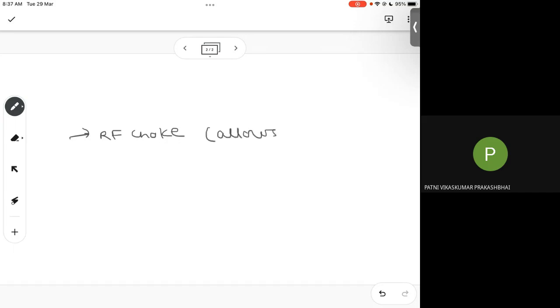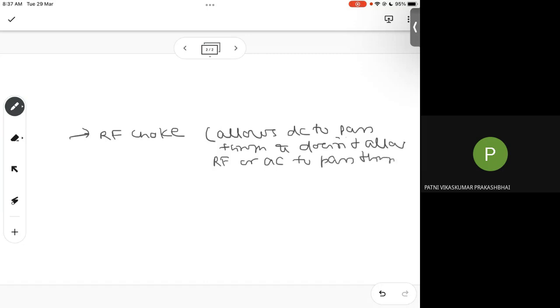That means it allows DC to pass through and doesn't allow RF or AC to pass through. So it is the opposite of the capacitor's DC block. A choke is also used for blocking, but here we more commonly use the word choke, like the tube-like chokes you must have seen. Basically they are all inductors.